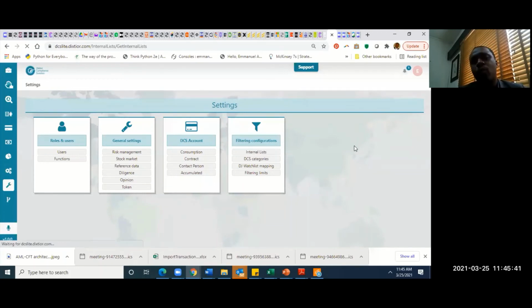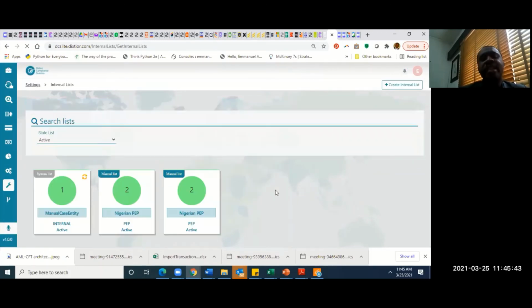If you don't want to rely only on the global or international watch list, you can use internal watch lists you have created, maybe based on parameters within the country. We can create our own PEPs for people who might not exist within the global watch list. So you're able to create your own customized screening list as shown here.